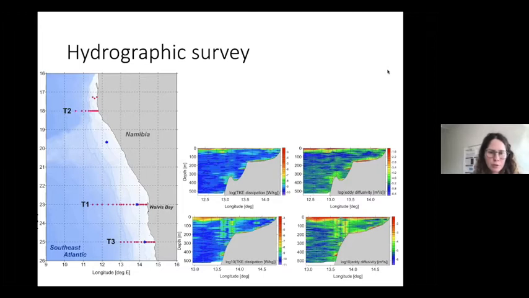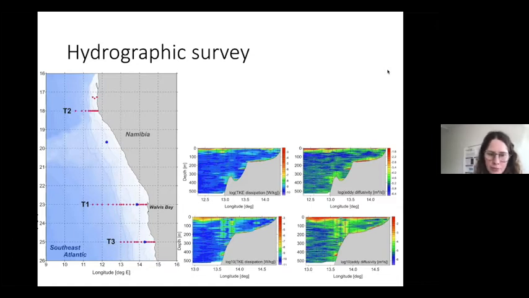Let's have a look at how dynamic this water is. This is the turbulent kinetic energy in the first column, and the eddy diffusivity in the right column. And now I'm just focusing on the lower 2 transects, the 23 and 25 degrees south.